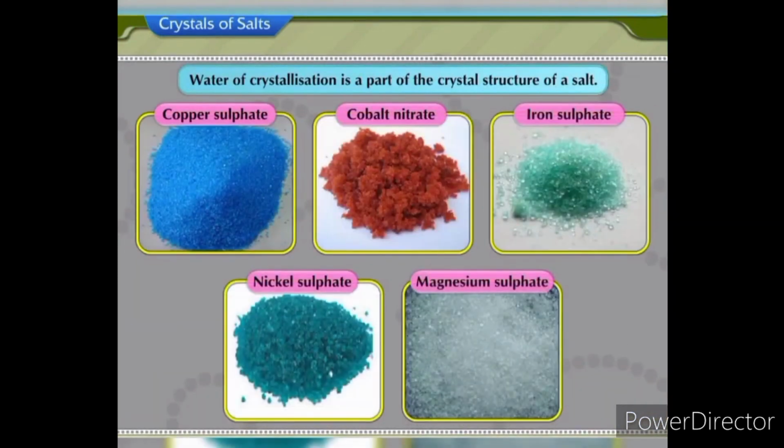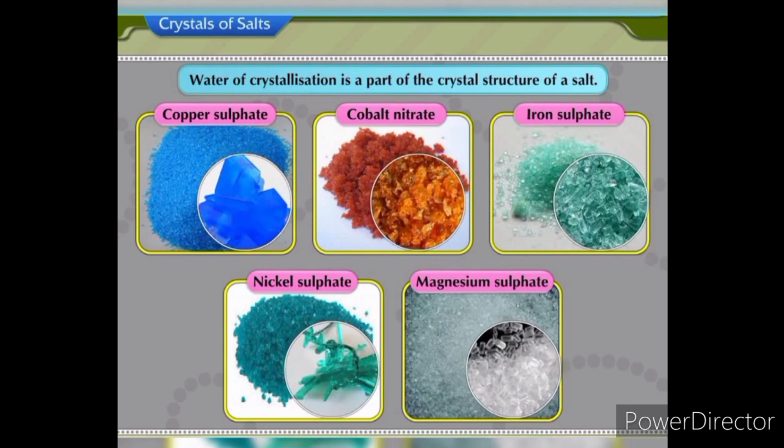Water of crystallization is a part of the crystal structure of a salt. It is not free water, therefore it does not wet the salt. Thus, salts containing water of crystallization appear to be perfectly dry. It gives the crystals of the salt their shape and in some cases imparts them the color.